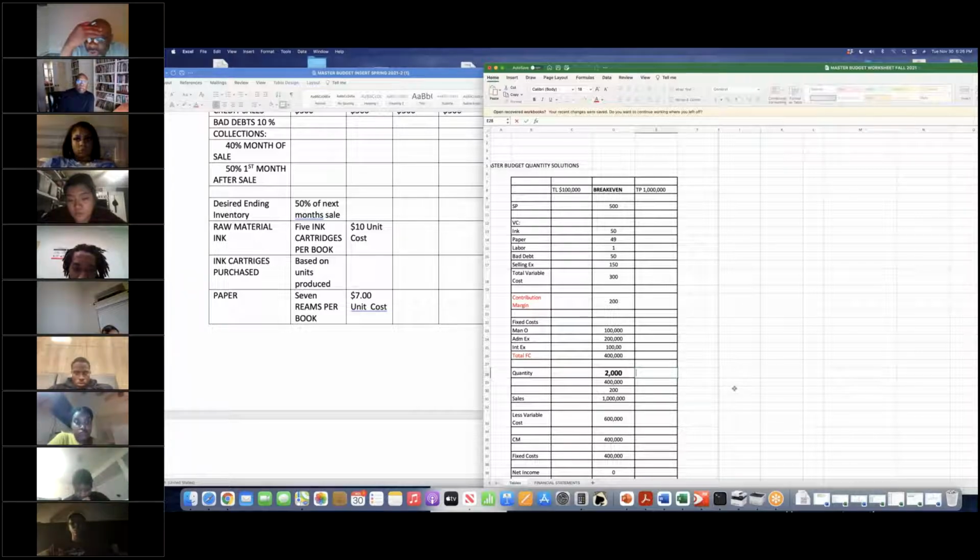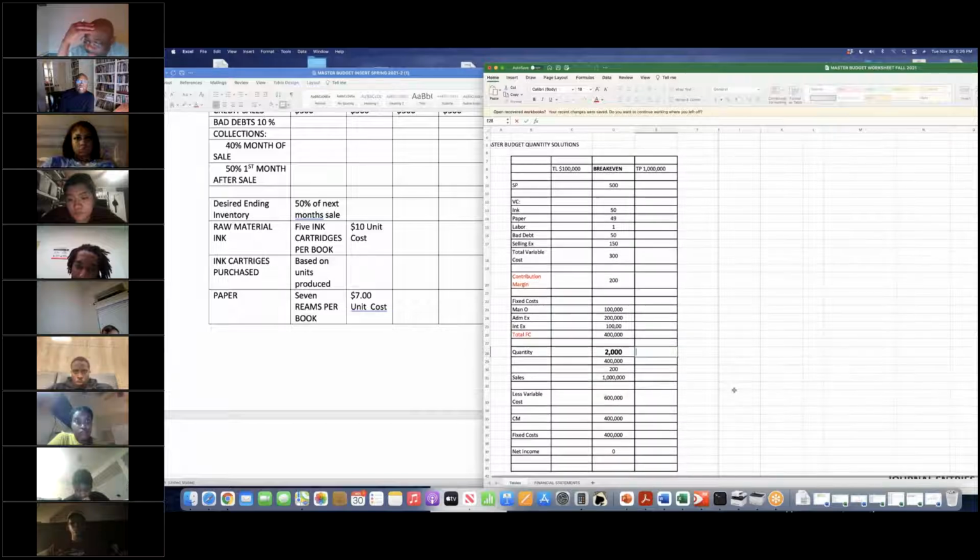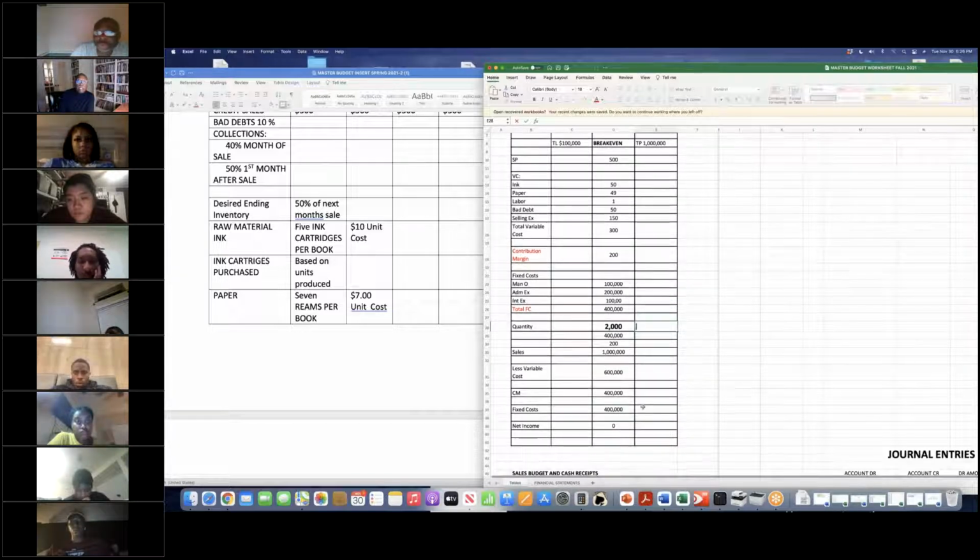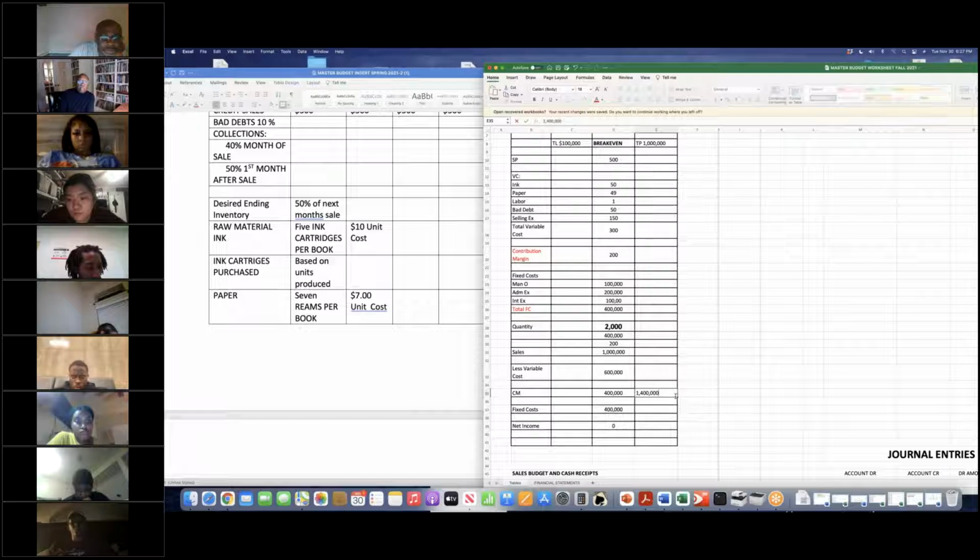So we're going to need $1.4 million, if we look at it from a fixed cost basis. We've got to have enough books, 7,000, to get to $1.4 million. Did I get down here too far?